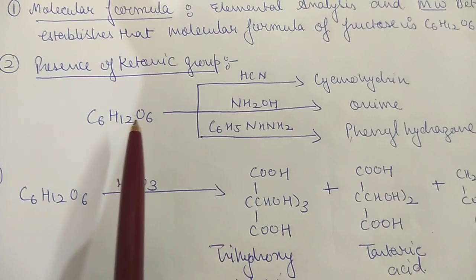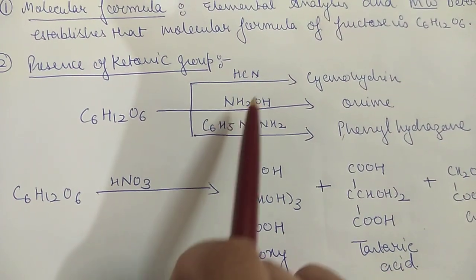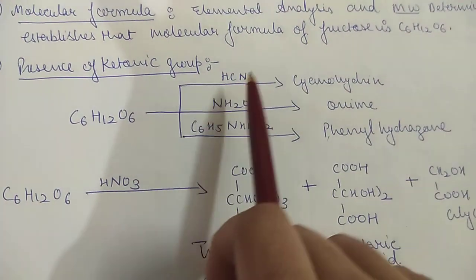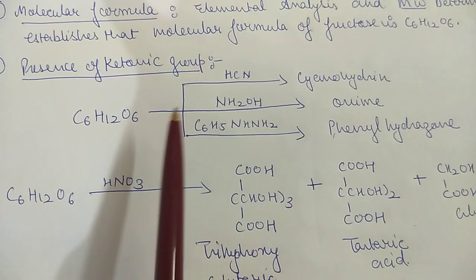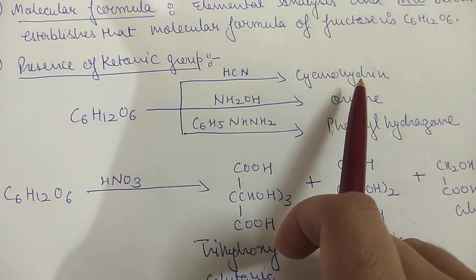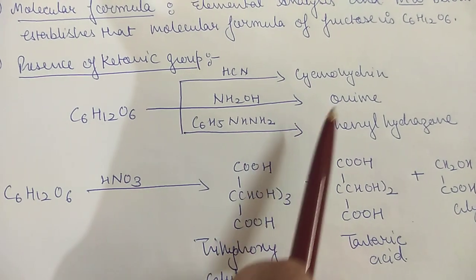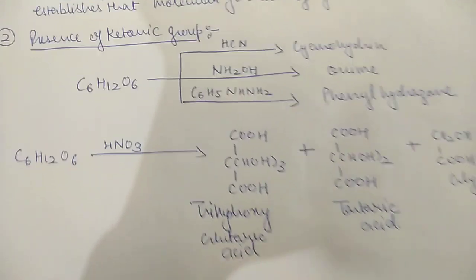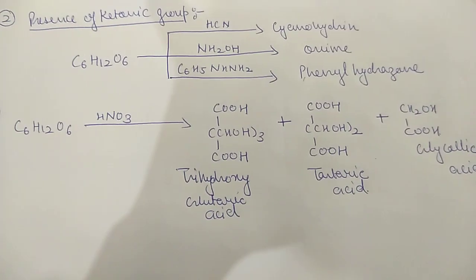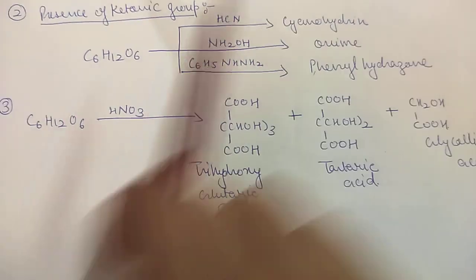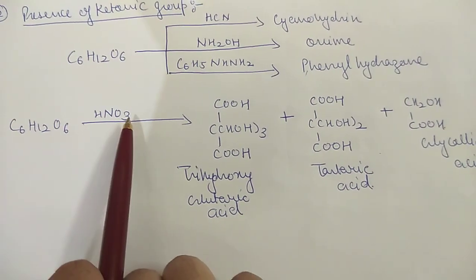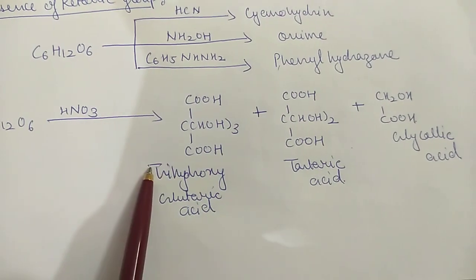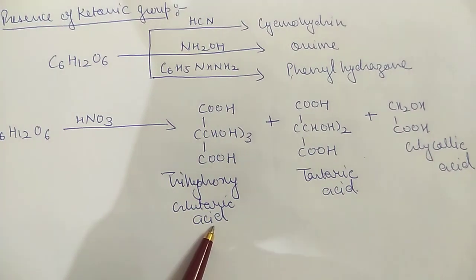When you react fructose with HCN, hydrogen cyanide, hydroxylamine and phenylhydrazine, then what we get shows a C double bond O group. It reacts with HCN, cyanohydrin is formed, oxime is formed and phenylhydrazone is formed. It is the same as in the case of glucose. Then in the third case, if we react fructose with a very strong oxidizing agent like HNO3, we get trihydroxy glutaric acid.